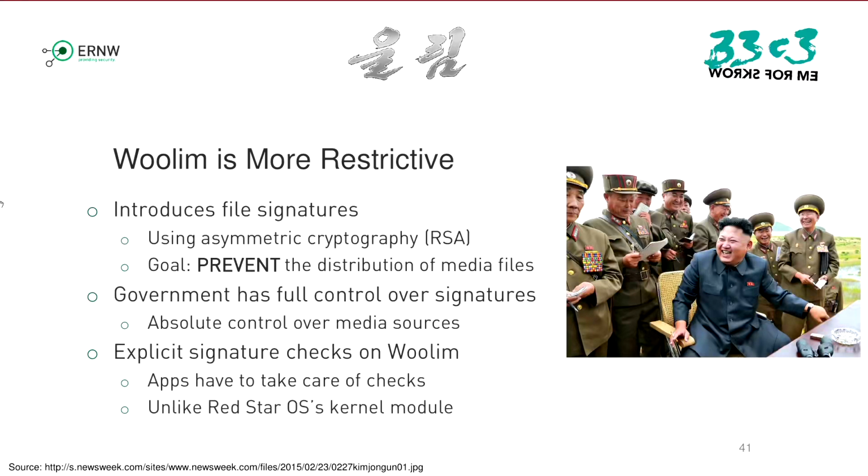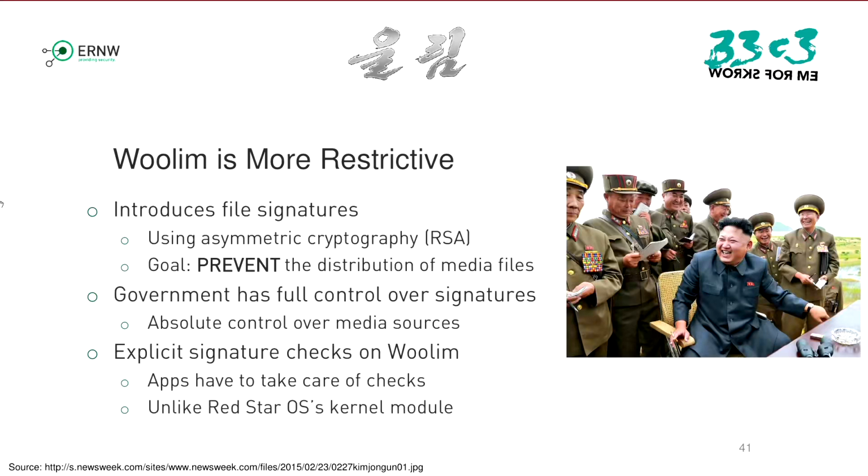It's quite interesting how they are doing this, and it's really effective. What they're doing is using cryptographic signatures, and the government has control over those signatures. If you are able to sign files, and you are the only entity that can sign files, then you have complete control over all media sources.